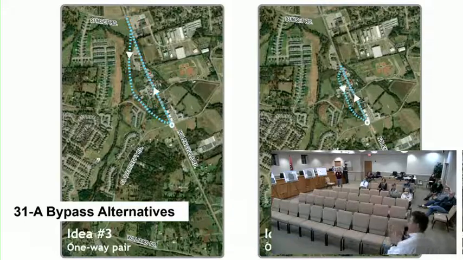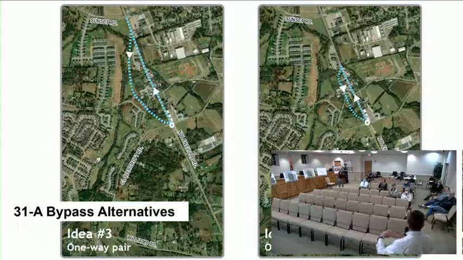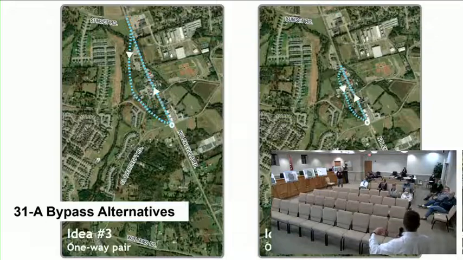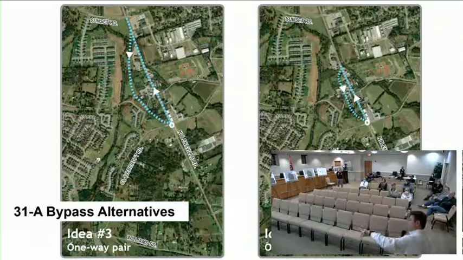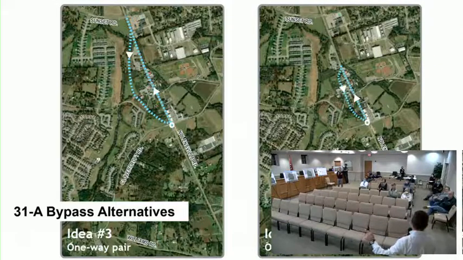Now you've got this one-way pair that's helping you negotiate around the historic area, but it's also helping to make the historic area a bit more attractive, with more things to do. It gives you opportunities to get through, but also reasons why you might want to stop. Idea number 3 is a little bit less likely because it's more in the floodplain area than idea number 4.